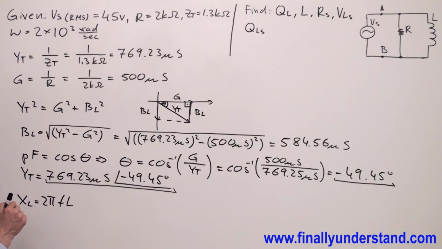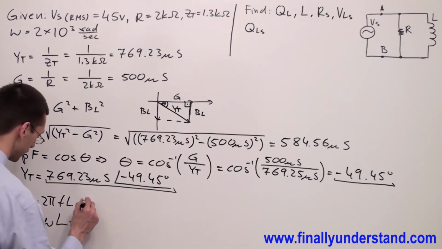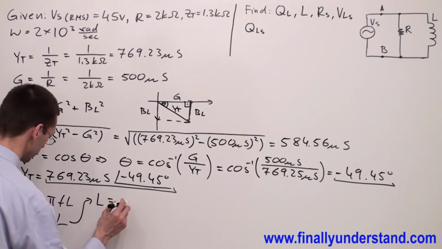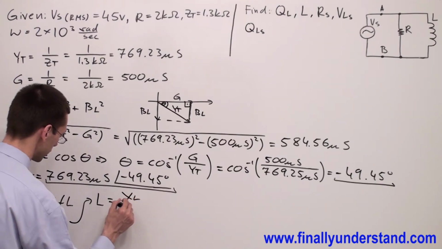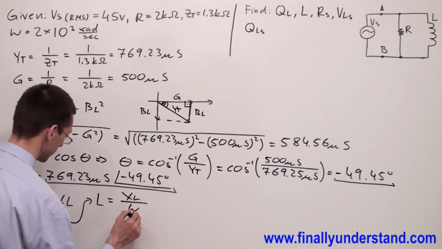But please notice that we do not have given frequency, but we have omega, so we can say that X of L is equal omega L. In order to find L, I'm supposed to solve this formula for L. So L is equal X of L over omega.